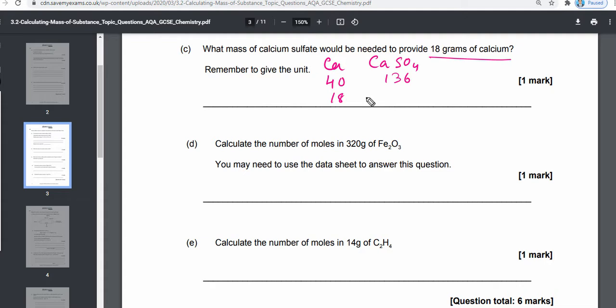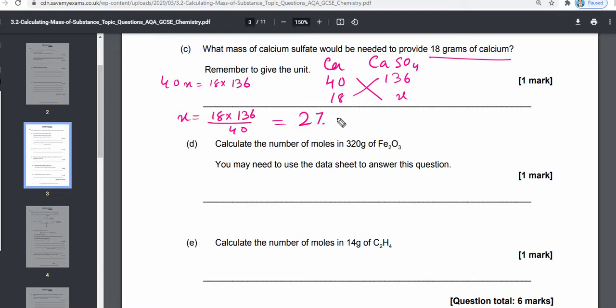And if we have 18 gram of calcium, x gram of calcium sulfate will be produced. So I'll just cross multiply them. It will become 40x equals 18 times 136. So x will become equal to 18 times 136 divided by 40. So I will get the mass of calcium sulfate.